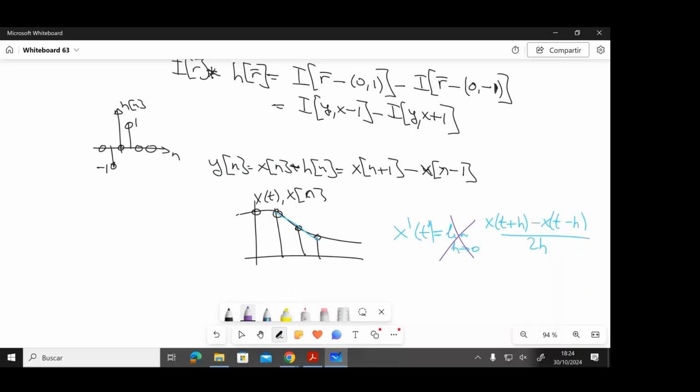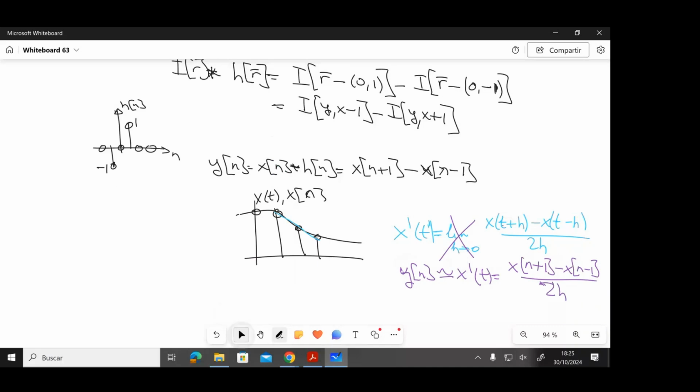So what we are saying is an approximation y will be an approximation of the derivative: x of n plus 1 minus x of n minus 1, divided by h.